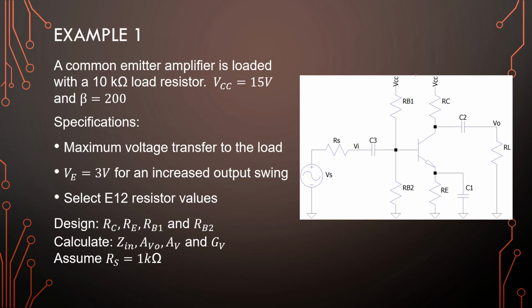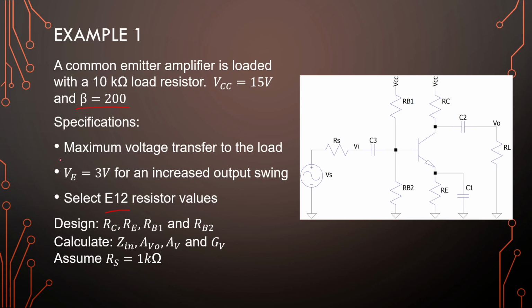This first problem, we're going to use a VCC of 15 volts, a load of 10 kilo ohms. We're using a 2N quad 2 transistor, so beta of 200. And we have three specifications. This one is going to be with all our problems: to select E12 resistor values.